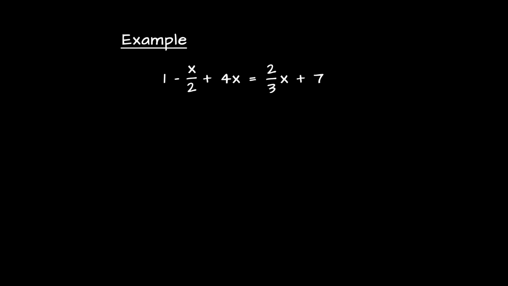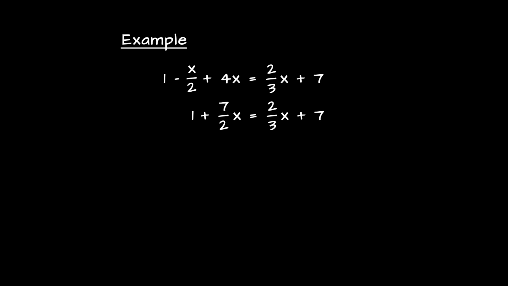So the left-hand side of the equation can be written as 1, and now we're going to want to add the coefficients of x together. That's minus 1/2 and 4, giving us 7/2 times x. And that will continue to be equal, of course, to the right-hand side, which is 2/3 x plus 7.